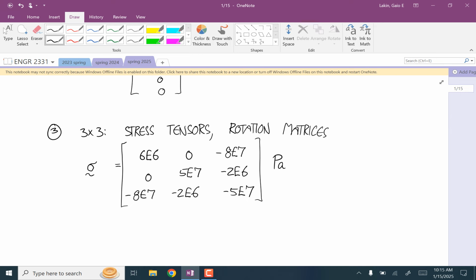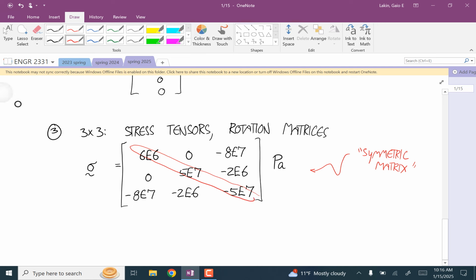One thing to notice about this, I haven't defined this yet, I will, but this is called a symmetric matrix. And what that means is, think of this as a reflection across the diagonal, all of these reflected elements match each other.